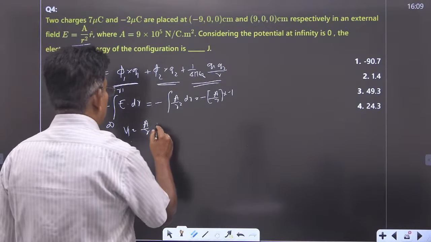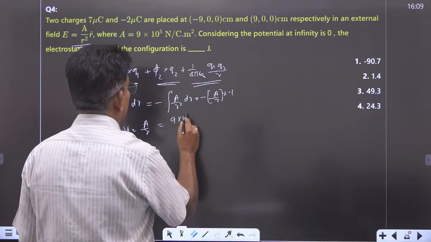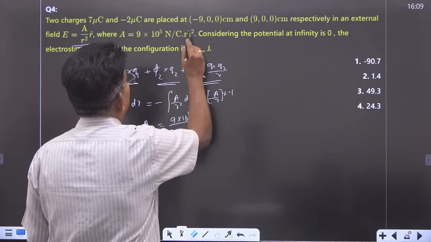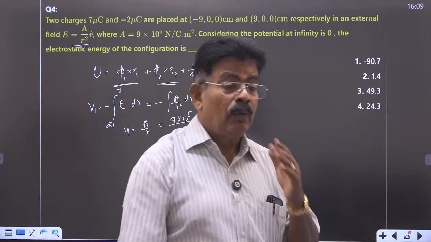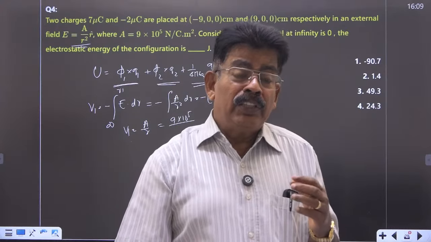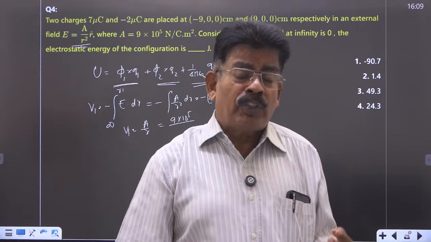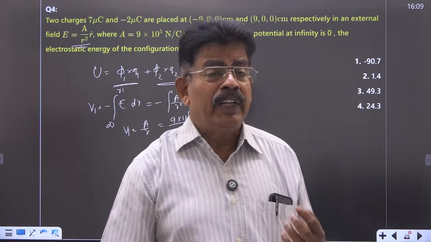That is coming to be, A is how much? 9 into 10 to the power of 5. R is 9. Here there is no meaning in this minus sign, because potential is a scalar quantity. But one thing, potential due to a positive charge is a positive potential, and potential due to a negative charge will be a negative potential.